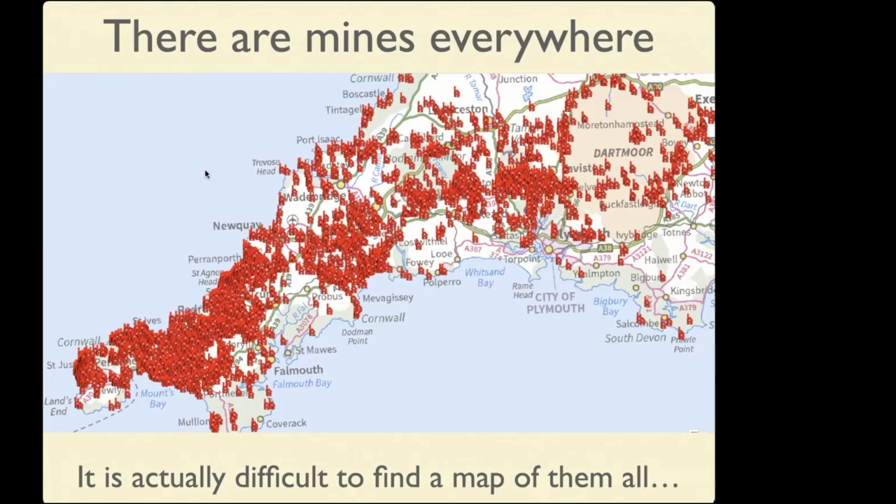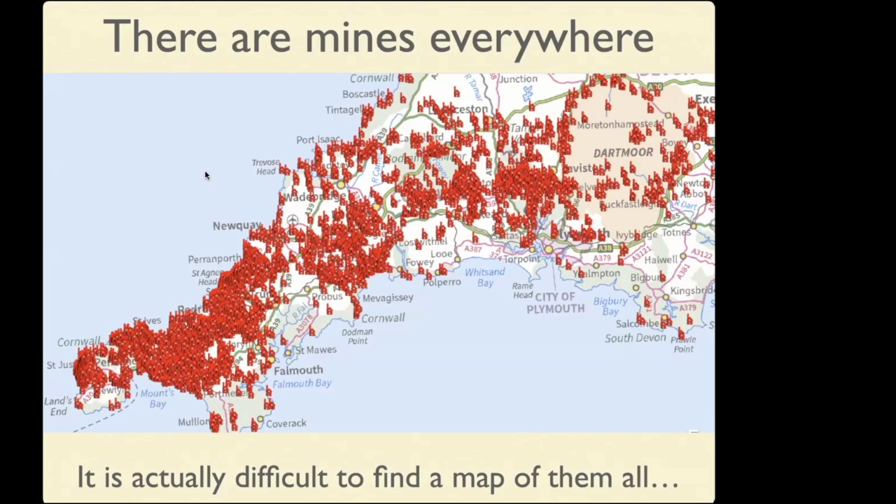It's really annoying. But it's from a website that you can use if you're thinking of building something, and you want to know whether your building, whatever it is, will collapse into an old mine. And, you know, clearly, if you're thinking of building something in this area, you need to know this stuff. There are a huge number of mines.